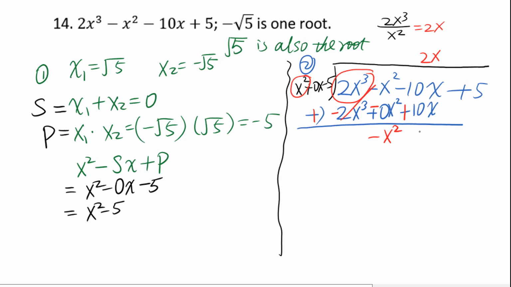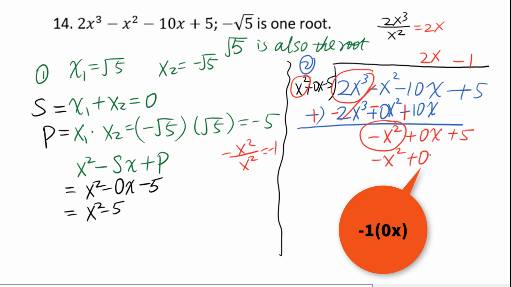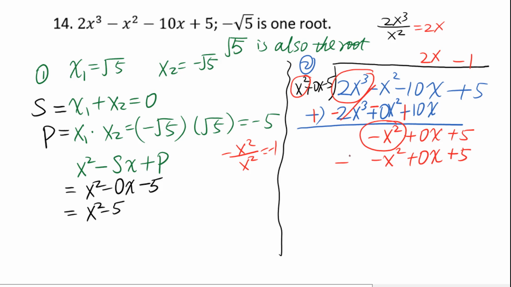Negative x squared plus 0x plus 5. Leading power: negative x squared over x squared equals negative 1. Minus 1. Negative x squared plus 0x plus 5. Subtraction. You will get 0.